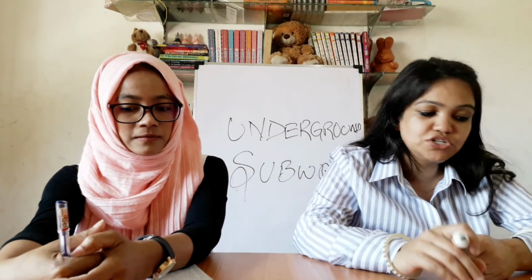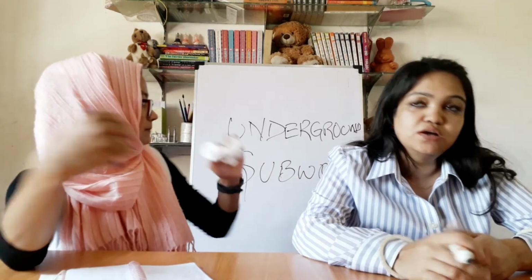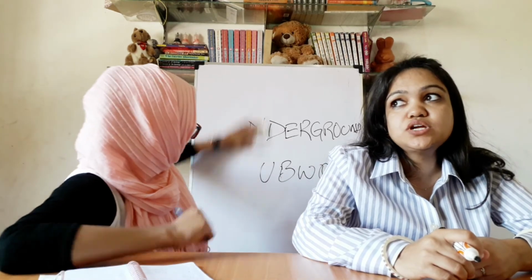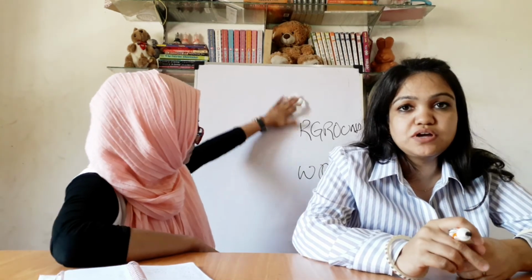So let's form it into a sentence. I can say in British English, using the word underground, that there is a lot of rush on the underground. I'd say I'm taking the subway every day to work. I could be passing through, or I could be taking the train that goes in the underground.